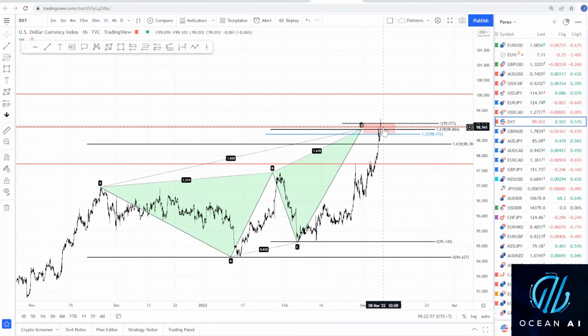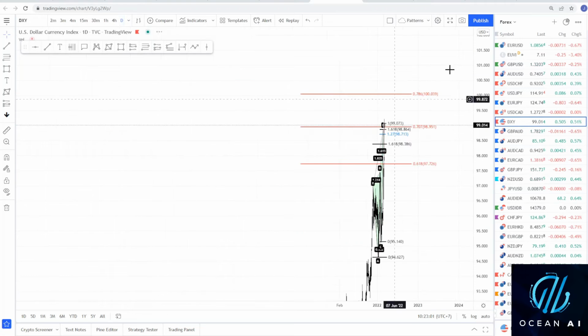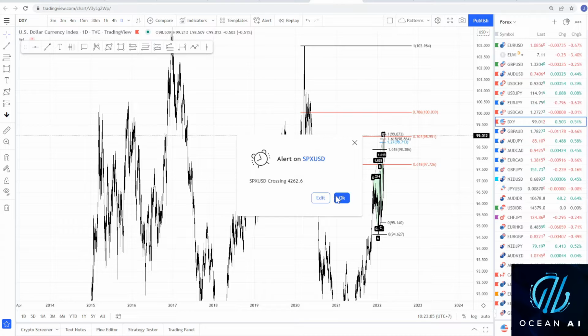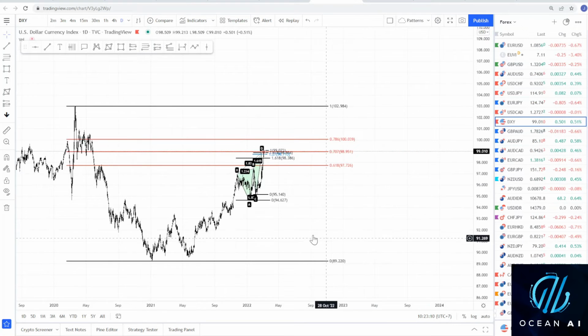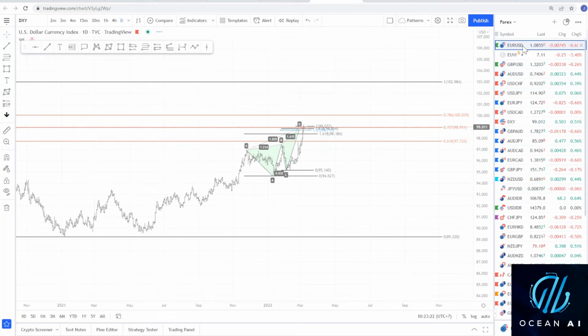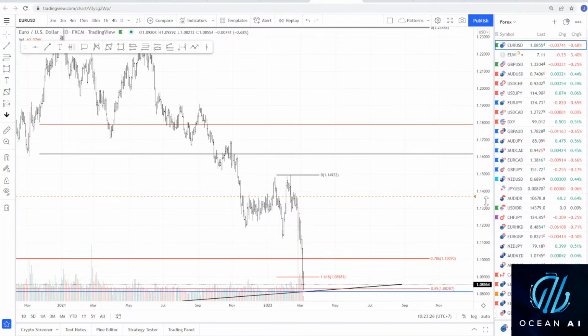Get this ABCD up into the 707 level from this move here. Yeah, so there's a lot of resistance up here. So this is the reason for the possible euro change of trend as well. Maybe the dollar's going to change here, and that's why we're looking to go long in the euro.